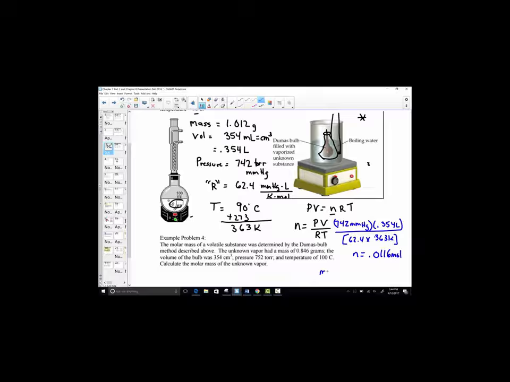Now remember, molar mass is found by taking the number of grams and dividing by moles. From the story problem, 1.012 grams divided by that mole number we just calculated from solving our ideal gas equation. So let me do that with you. 1.012 divided by that previous answer, and the molar mass I'm finding is 87.27, and my unit there is grams per mole.